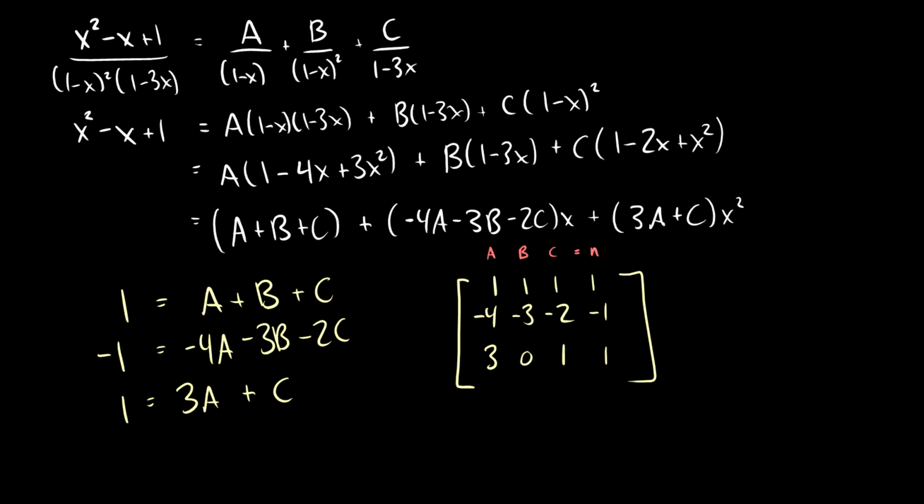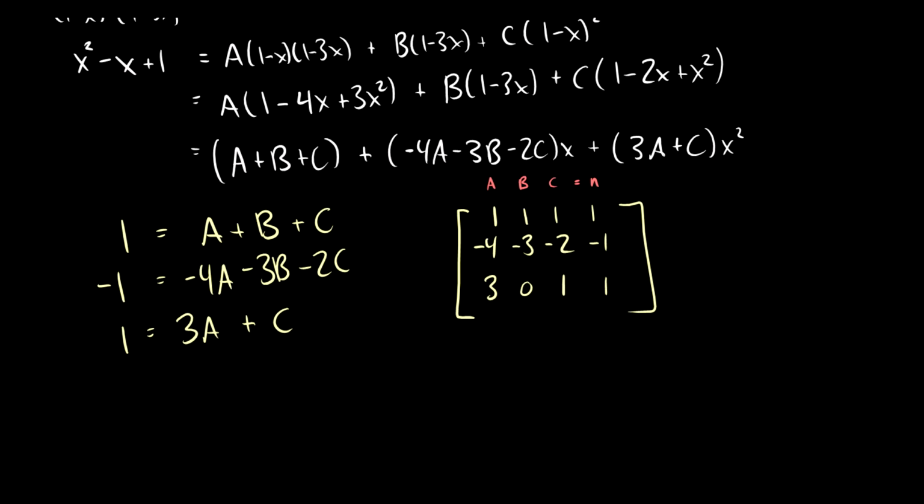So what I'm going to do is multiply the second row by negative 1. So essentially I'm going to make those all positive. Now I'm going to keep row 1 the same, so a plus b plus c is equal to 1. But I'm going to subtract the first row 4 times from the second row. So we're going to get 0a minus b minus 2c is equal to negative 3.